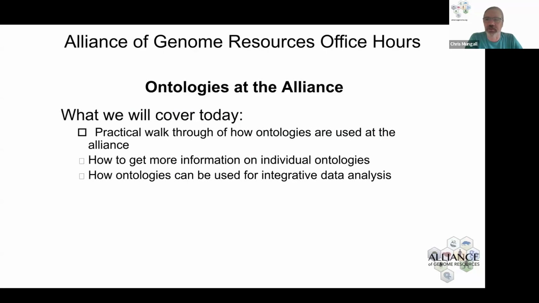I'm going to keep this very much a practical walkthrough about specifically what ontologies we use in the Alliance, why we use them, and then a little bit more on how you can get additional information on these individual ontologies, how you might be able to use them yourselves to power more advanced analyses, and a bit of an outlook on how ontologies relate to AI moving forward.